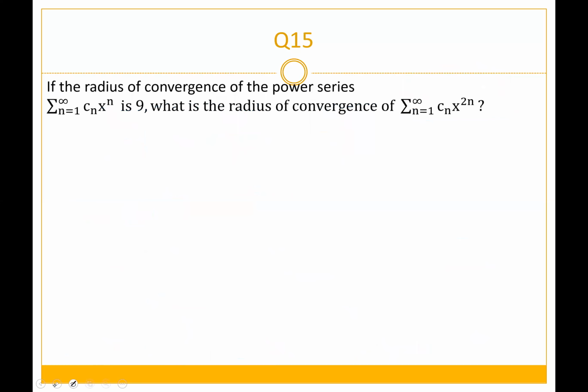Now, let's go to question 15. If the radius of convergence of this power series is 9, what is that power series' radius? So we have n plus 1, cn, x to the n, radius is 9. So in this question, a very good approach is to ask what the relation is between these two that makes it ask this question.